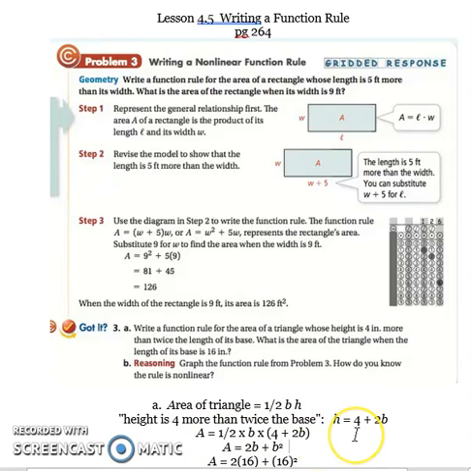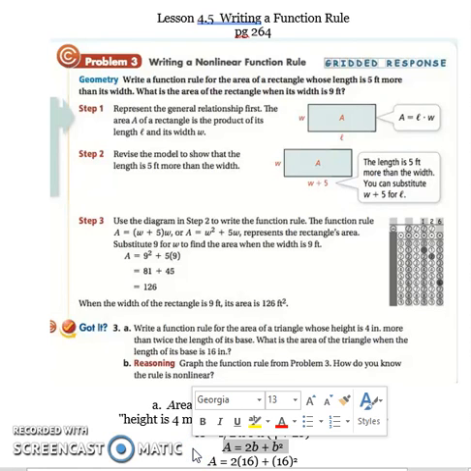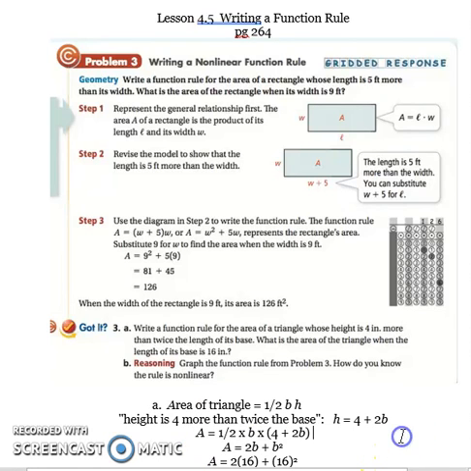All of this is multiplication, so we have to distribute the 1/2 b. Half b times 4 is going to give you 2b, and 1/2 b times 2b is just going to give you b squared. So here's our formula for the area of the triangle.